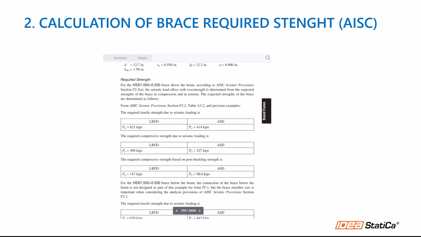The second step is to calculate the required strength according to F2.3. The expected strengths of the brace are shown in the example of the seismic design manual. So you can see them: the tensile strength due to seismic loading, compressive strength, and post-buckling strength.